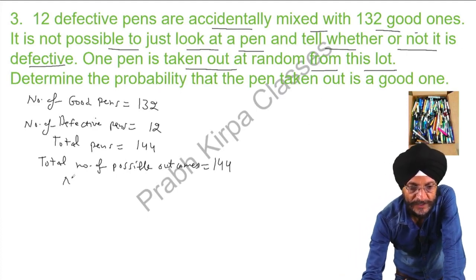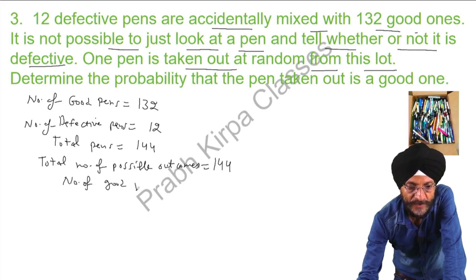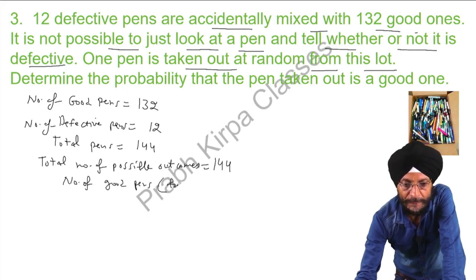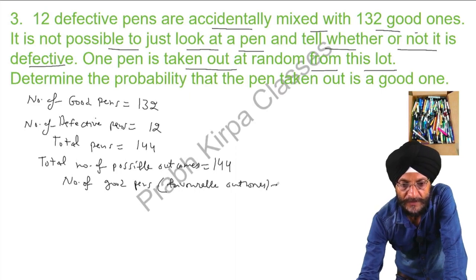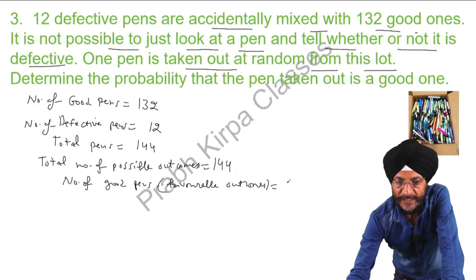So here the number of good pens, or the number of favorable outcomes, we will mention as good pens. These are 132.